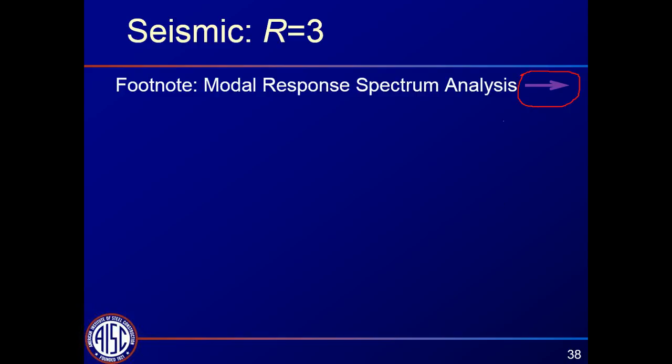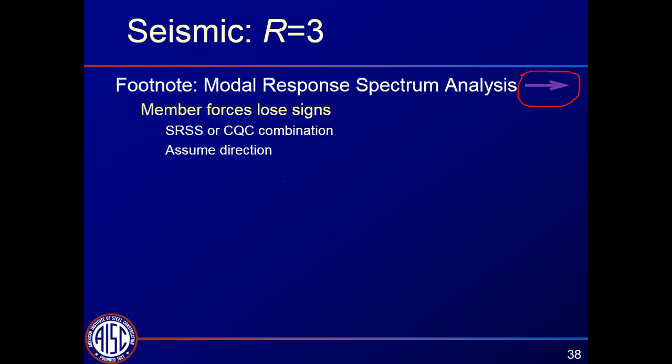Basically, the procedure is fairly similar, but the modal response spectrum analysis introduces a couple of complications. One is that the members lose signs, so the forces are all given as positive because we're taking the square root of the sum of the squares or some other modal combination. And also, because they lose signs, we have to decide on the direction of forces for the design of these things.